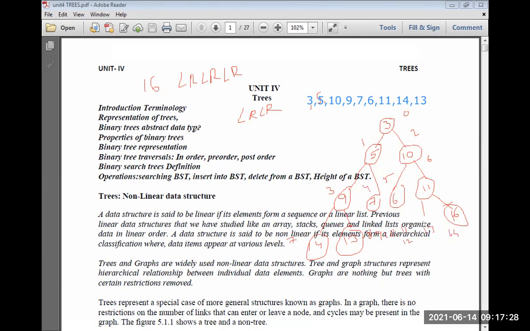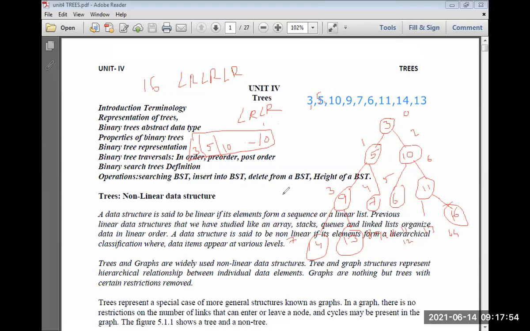So in the array, at each position you have to store the element. In the first position 3, then 5, then 10, and so on. If the element is not there, just place null. At locations 8, 9, 10, 11, 12, 13, there are no elements, so just replace with null. Okay, this is the insertion in a binary tree.